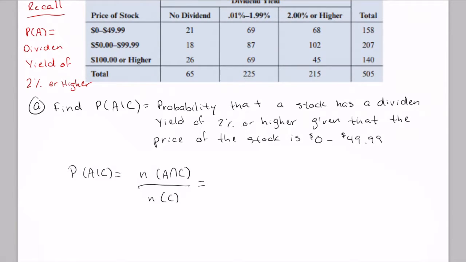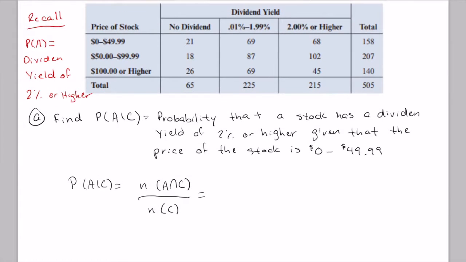Okay. So we must have A intersects C, where C is price, so this is it. And the intersection of that, so we have this, and we have this. So our intersection for this one is 68.